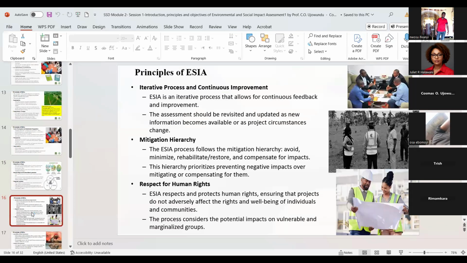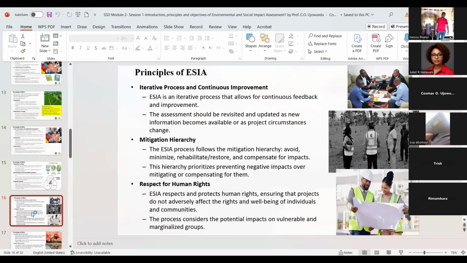If it means changing the design, you change it, as long as that change does not affect the project negatively, because if you've done project evaluation and ESIA, you find out that any feedback might just be minor corrections that will occur.